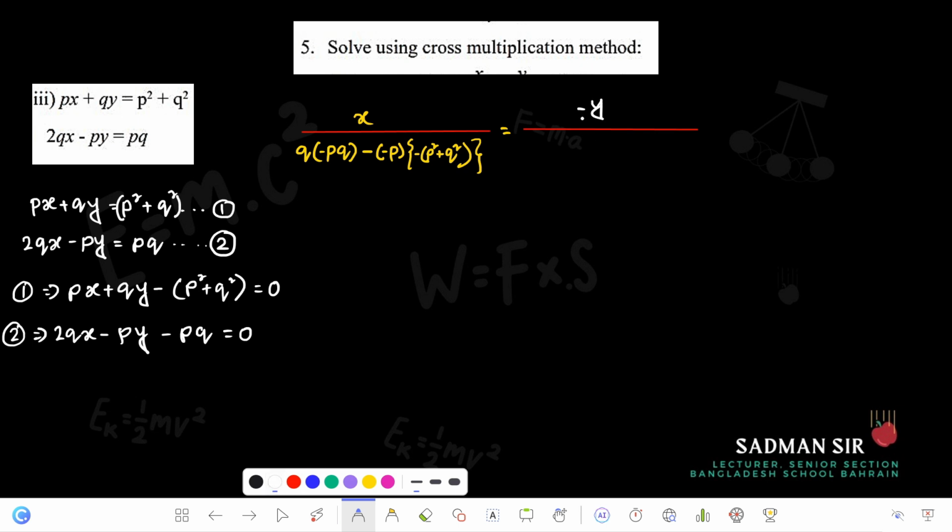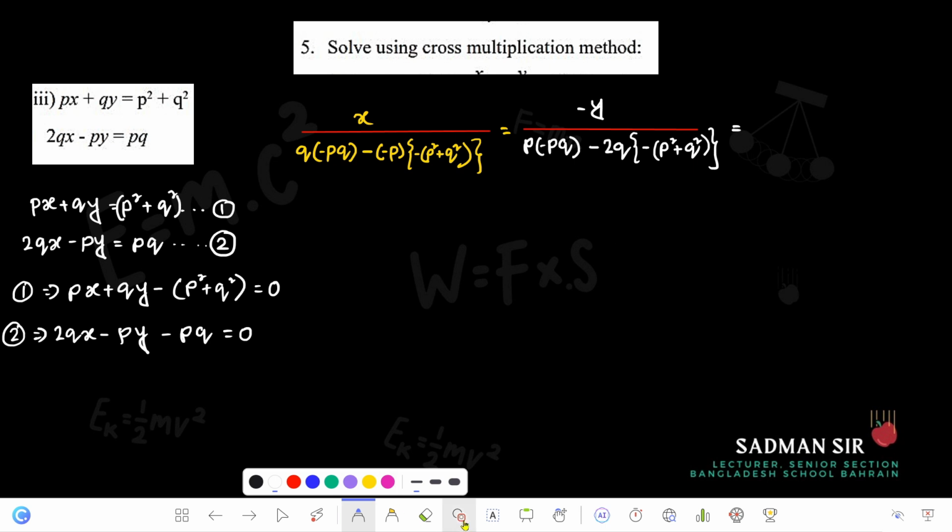So minus y. In case of minus y, we will hide this one. Then p into minus pq. P into minus pq will be there. Then formula minus. Then 2q into minus p square plus q square. Okay.